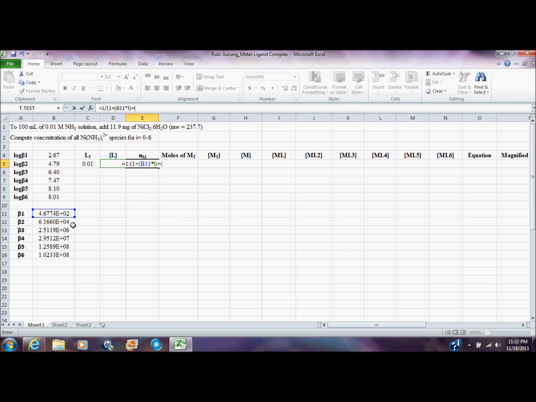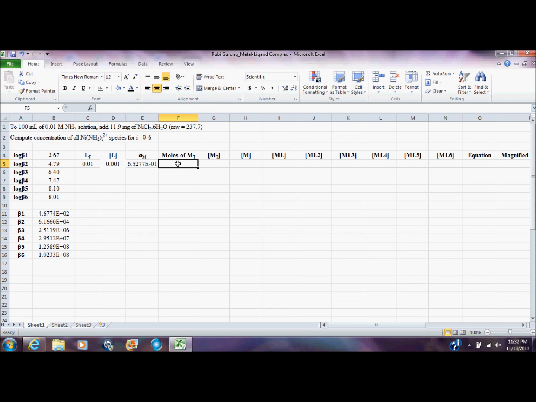Plus beta 2 times L raised to the power 2 plus beta 3 times L raised to the power 3 plus beta 4 times L raised to the power 4 plus beta 5 times L raised to the power 5 plus beta 6 times L raised to the power 6. Then we close the bracket and hit enter.